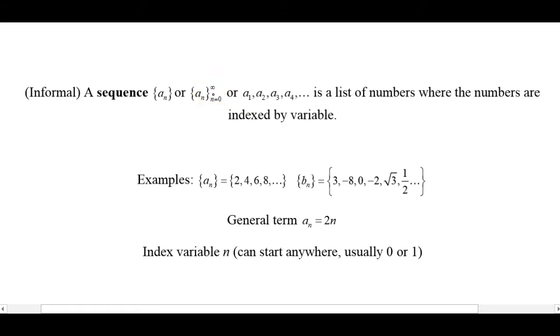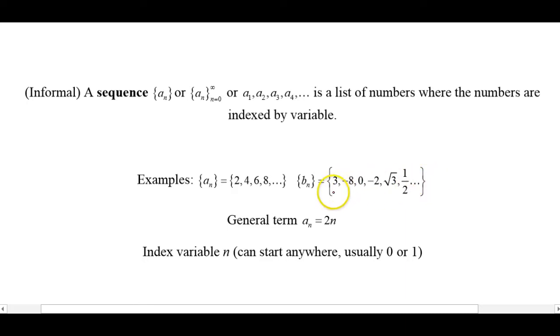So let's look at two examples with numbers now. I have this first sequence, A sub n, and the list of numbers in A sub n is 2, 4, 6, 8, and so on. And in this sequence B sub n, I have 3, negative 8, 0, negative 2, square root of 3, 1/2, and this goes on forever.